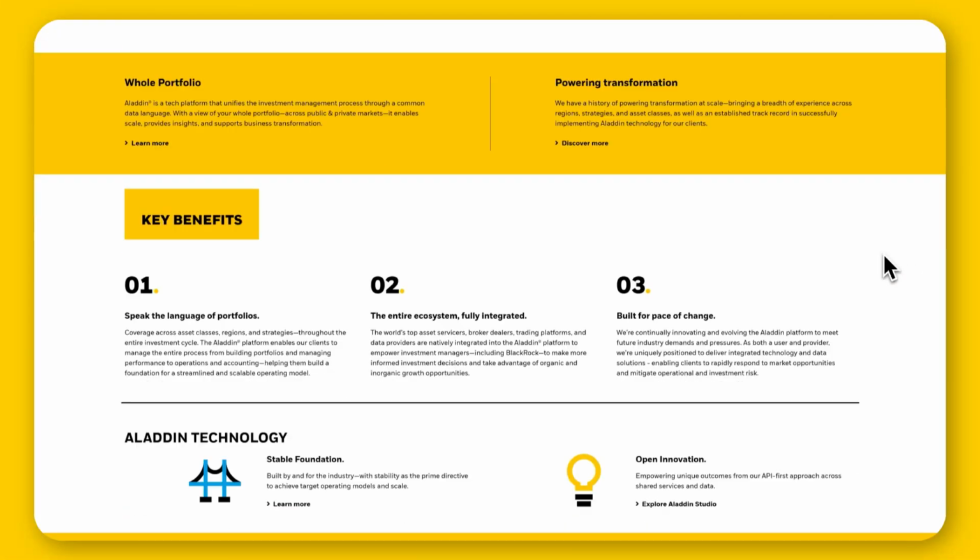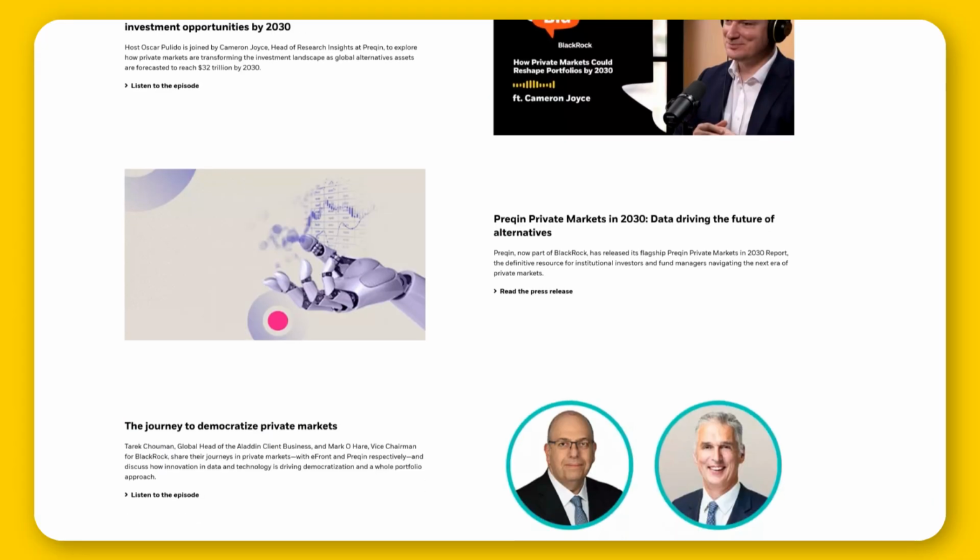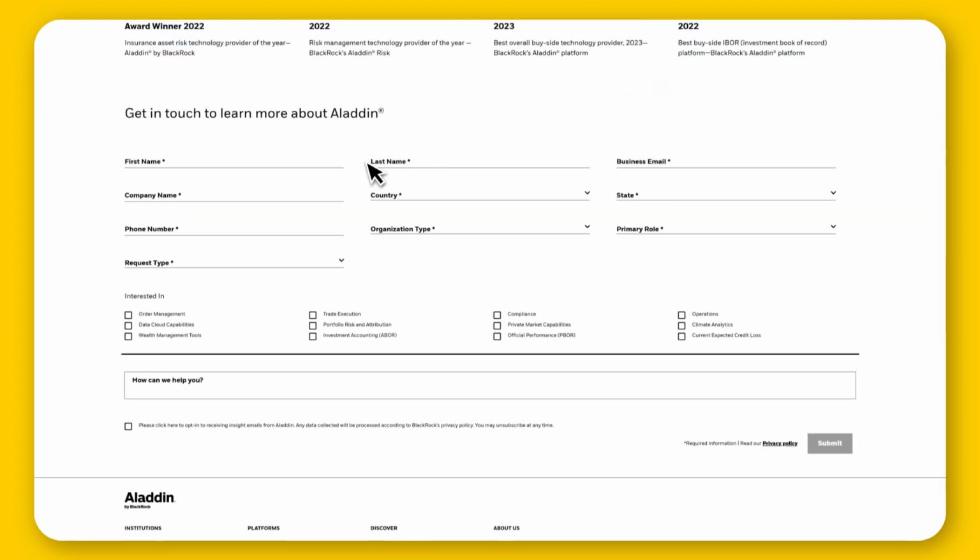Now, if you would like to learn more about Aladdin or connect with their team, you can fill out the contact form available on their website. The form requires basic details such as your name, business email, company name, phone number, country, organization type, and primary role. You will also need to select a request type so the team can better understand the purpose of your inquiry.